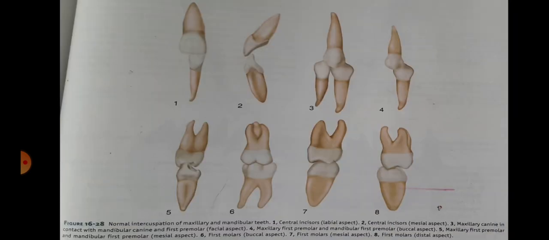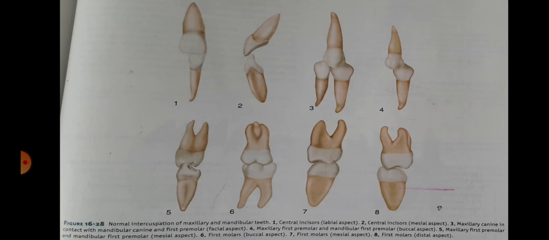Figure 16.28 shows the normal intercuspation of the maxillary and mandibular teeth. Picture 1, central incisors, labial aspect. Picture 2, central incisors, mesial aspect.